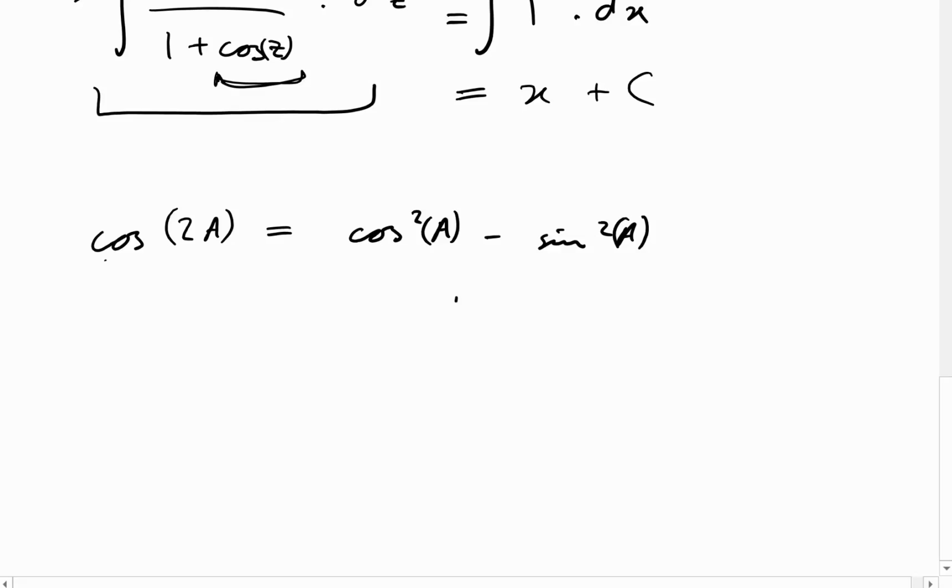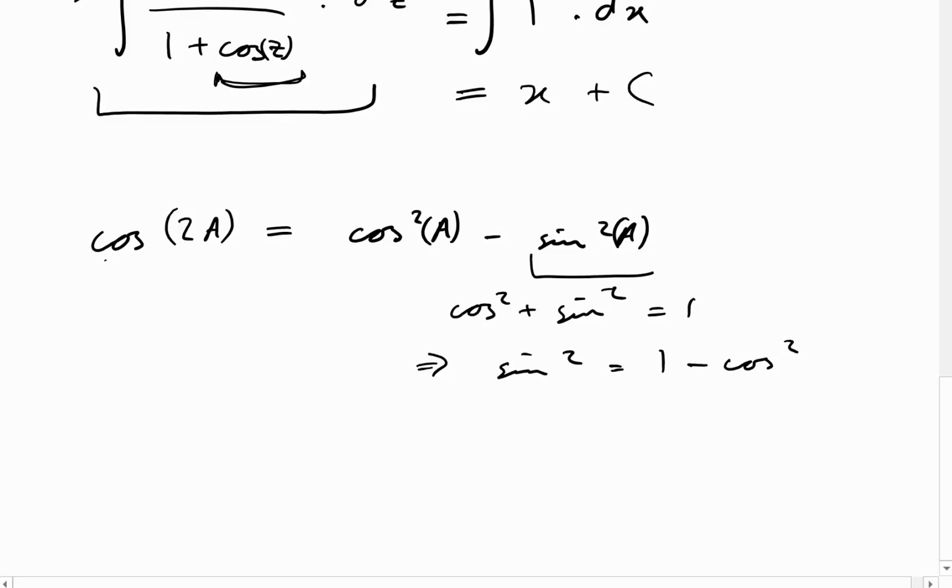Well, we also know that cos squared plus sine squared equals 1. So therefore that implies that sine squared is equal to 1 minus cos squared, right?